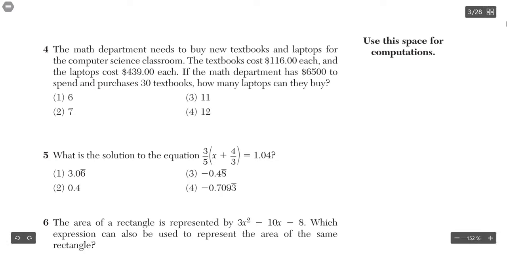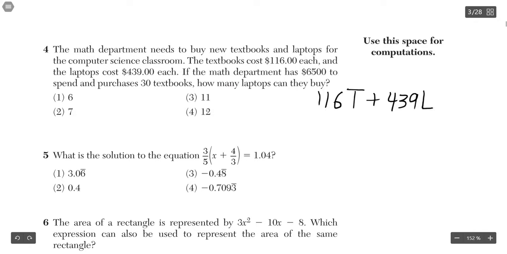Okay. So each textbook costs $116, and the laptops cost $439. So the total cost is going to be 116 times the number of textbooks, put in a T, plus 439 times the number of laptops, right?